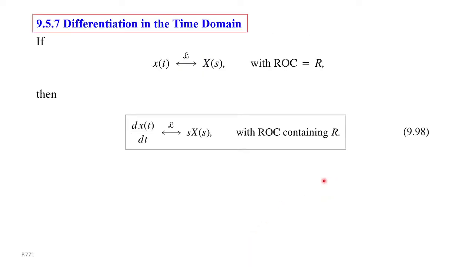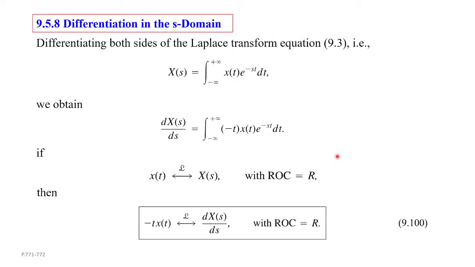And okay, so this thing, it says the ROC is containing. So this might make your ROC a little bigger because this s might cancel a pole at 0. Okay? And this doesn't have a chance to cancel a pole by doing differentiation. So the ROC is the same.